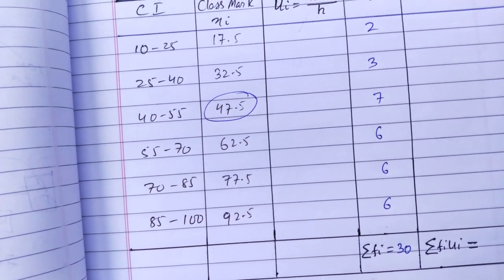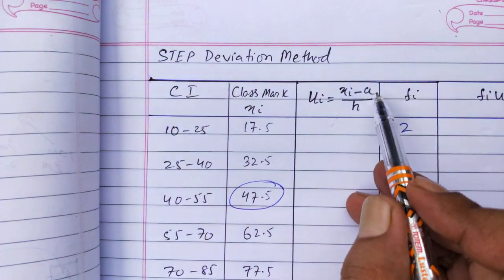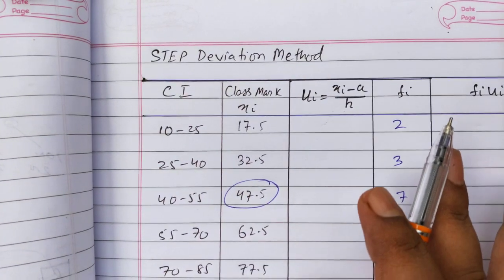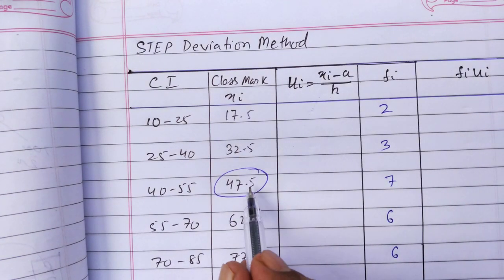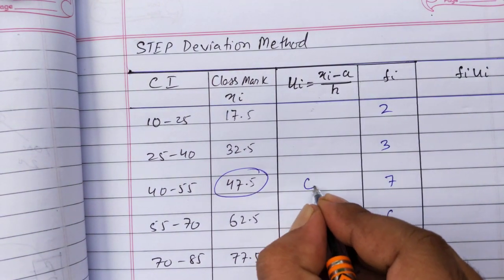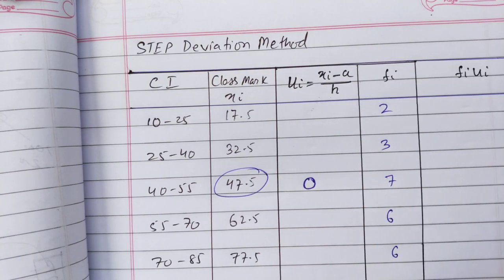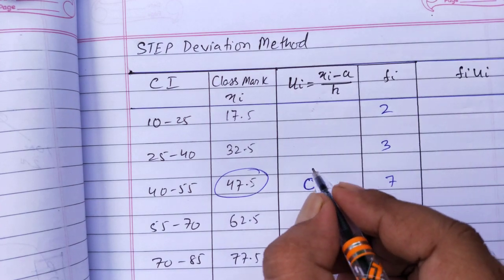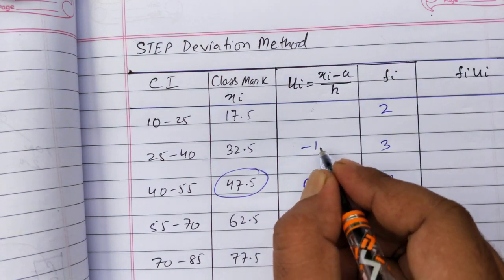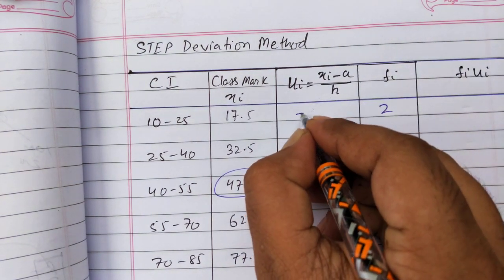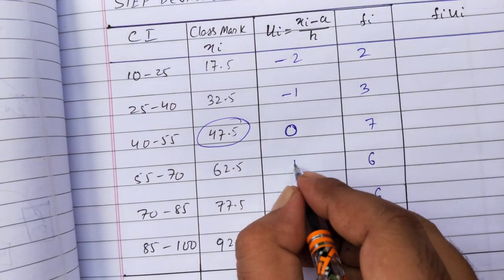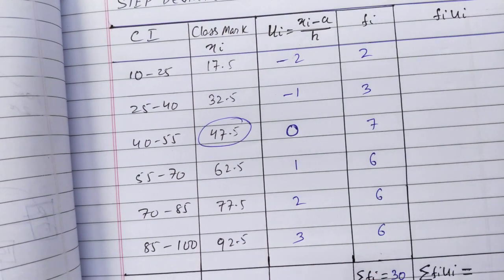Now in step deviation, instead of calculating this, if you calculate also you get the same thing, okay? Which one is selected, you can take 0. If you go up, -1, and if you go down, +1, +2, like that. If you go up, -1, -2, and if you come down, it will be 1, 2, 3.